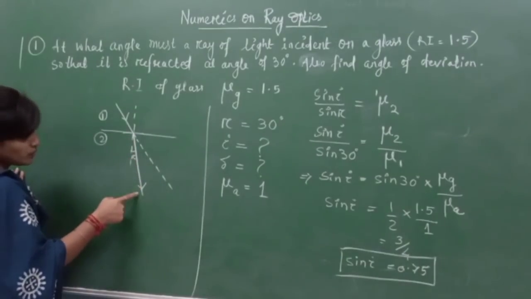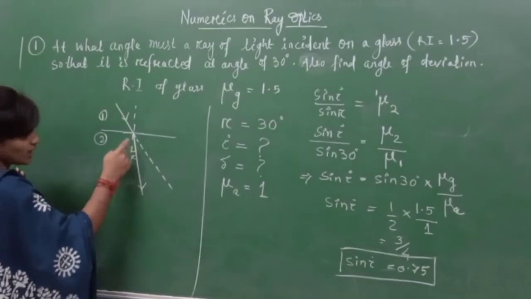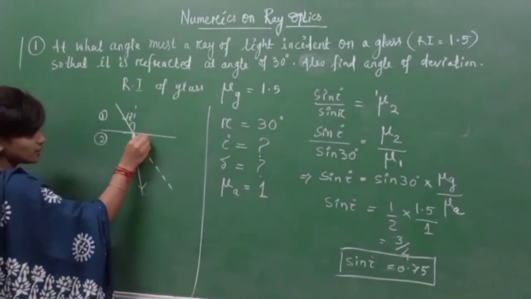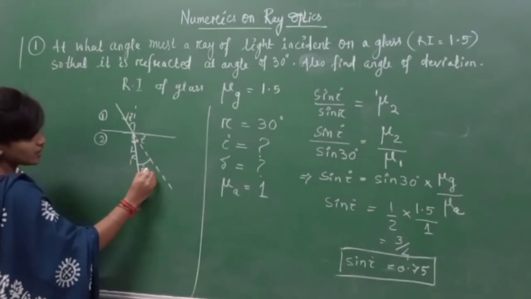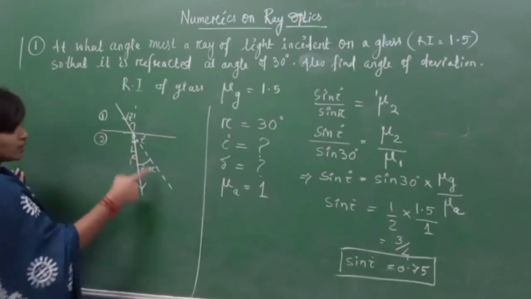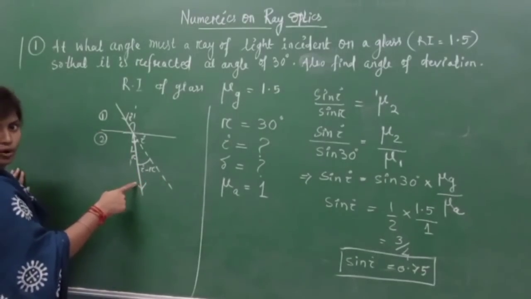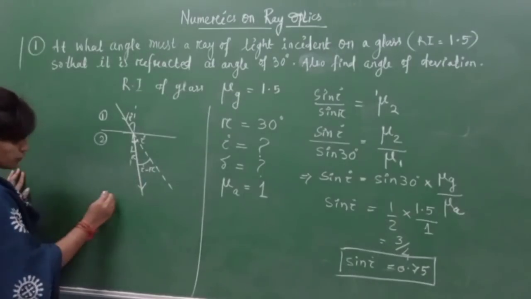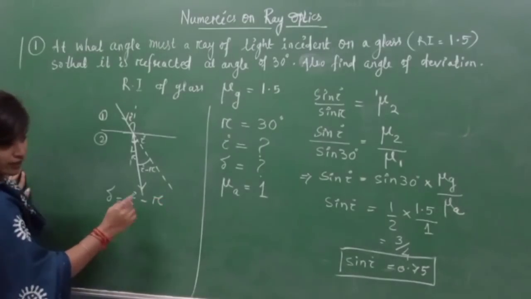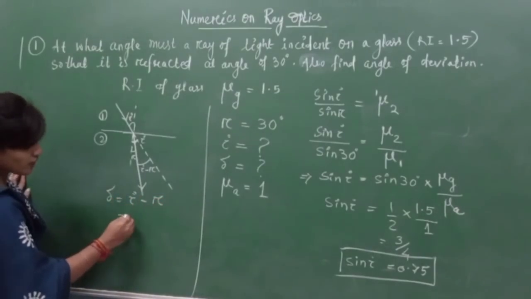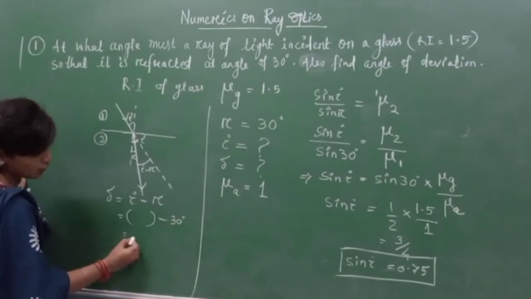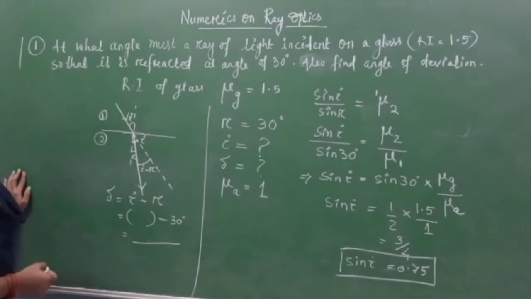But due to the presence of the second medium, the ray is refracted with an angle r. Deviated angle means the angle between the incident ray and the emergent or refracted ray. So we have to find delta equals I minus r. If the value of sin inverse 0.75 is given, substitute this value of I and you will find the final value.